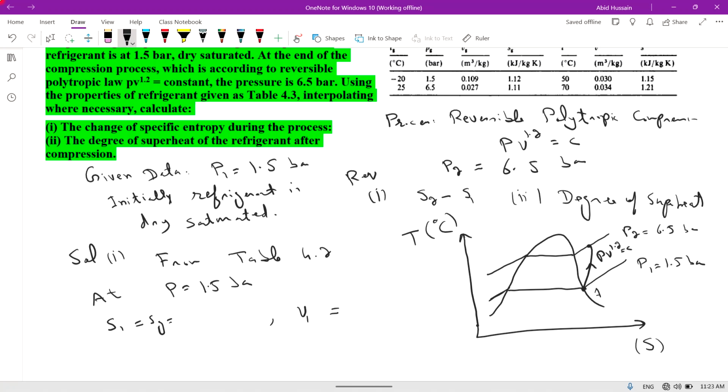So S1 is equal to Sg, equal to 1.12 kilojoule per kilogram per Kelvin, and V1 is equal to Vg, equal to 0.109 meter cube per kg.